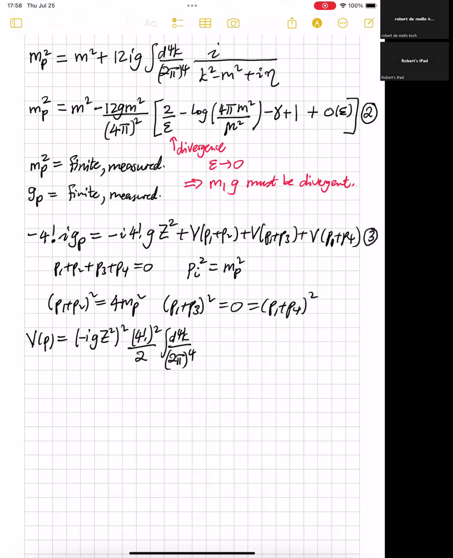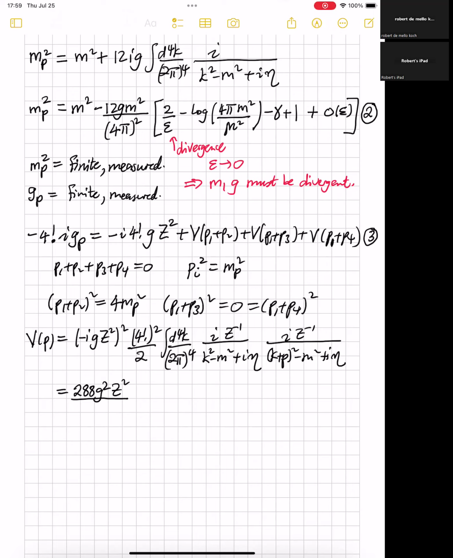So d^4k over (2 pi)^4, we had an i over k squared minus m squared plus i eta, and then i over (k plus p) squared minus m squared plus i eta. This was divergent, but we regularized it. And the answer after regularizing was 288 g squared Z squared over, oh, let me put in the Z to the minus ones, okay?